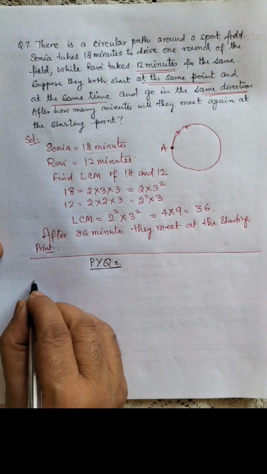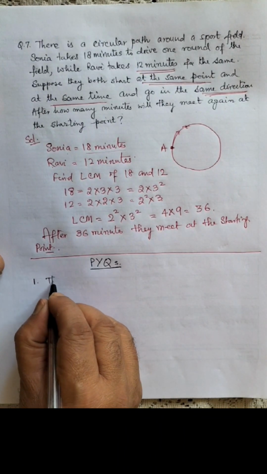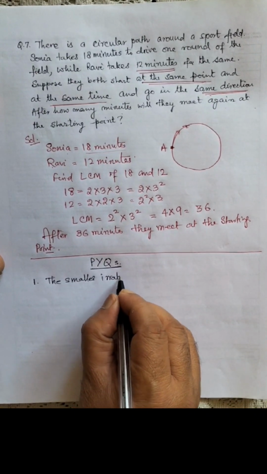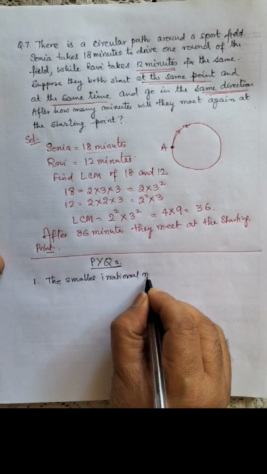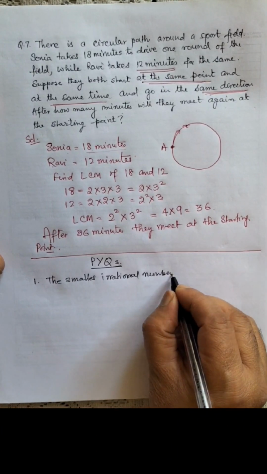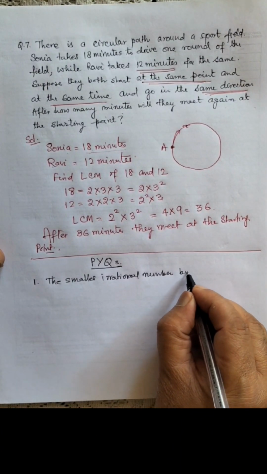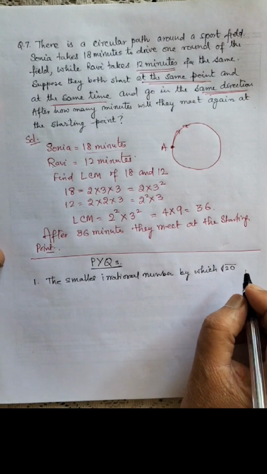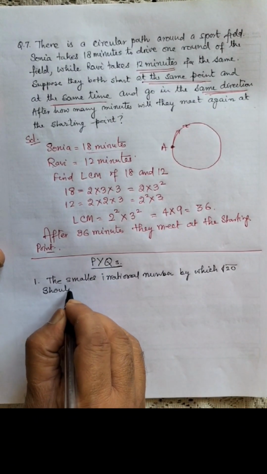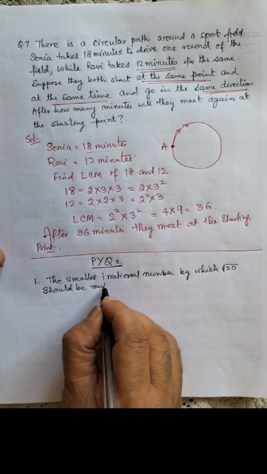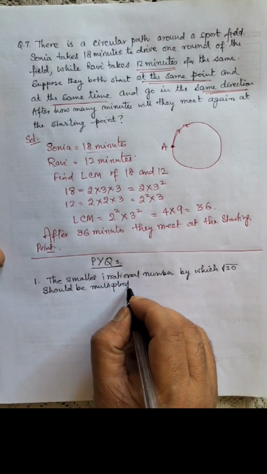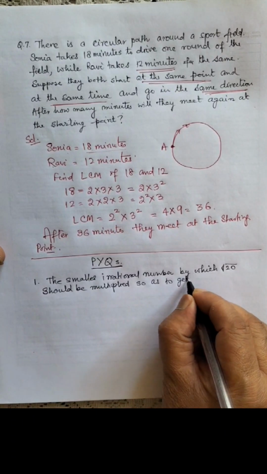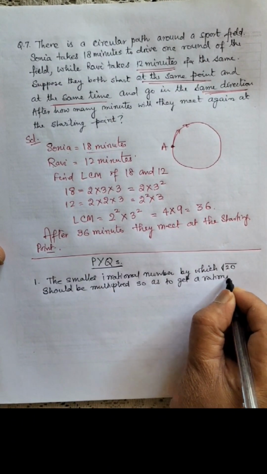First question in this regard: the smallest irrational number by which root 20 should be multiplied so as to get a rational number.